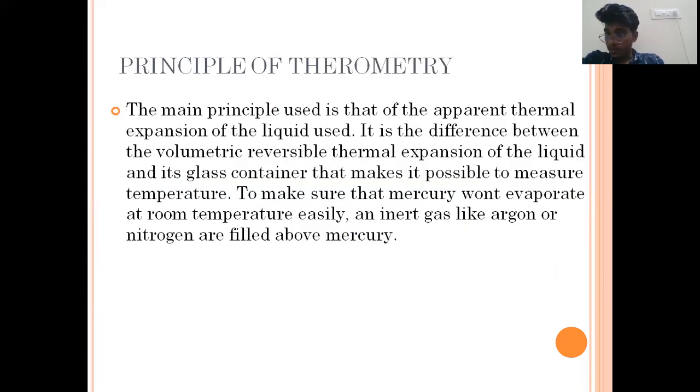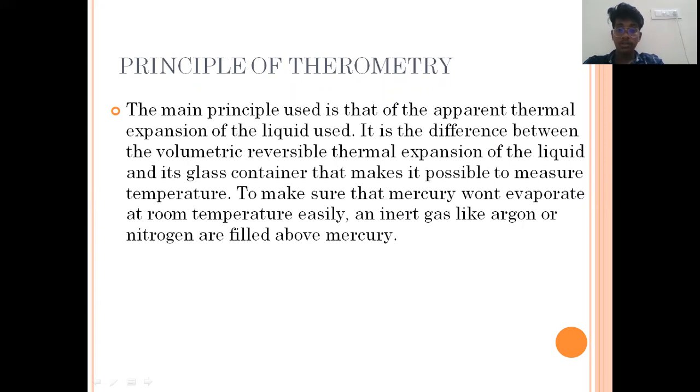So what is the principle of a thermometer? The main principle is that of an apparent thermal expansion of a liquid. It is the difference between the volumetric reversible thermal expansion of a liquid and that of the glass container that makes it possible to measure temperature.